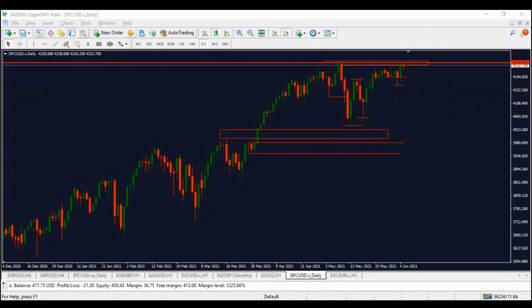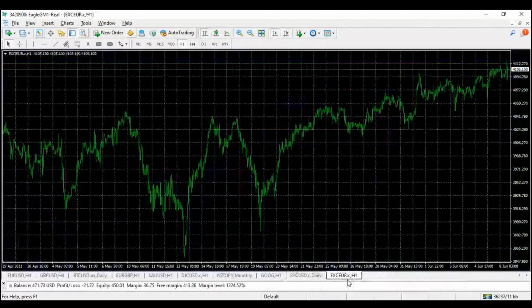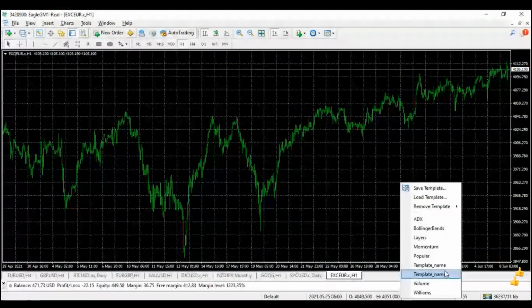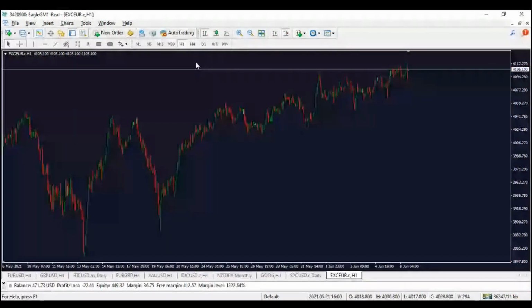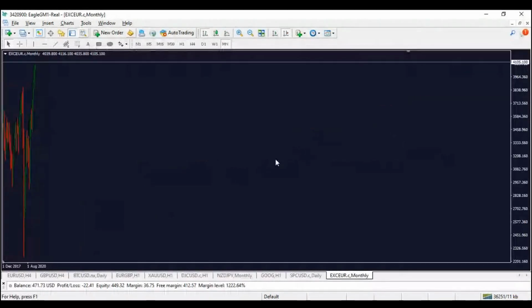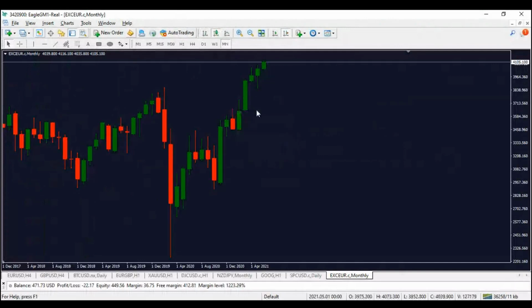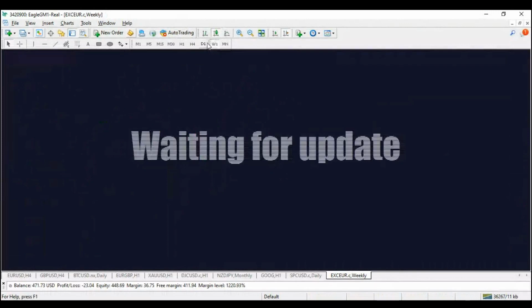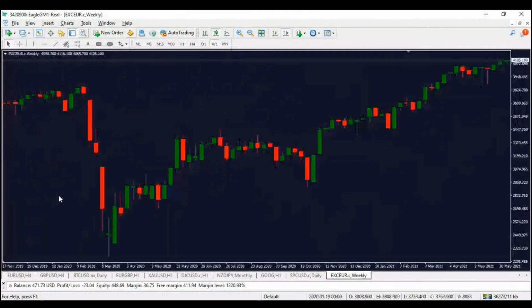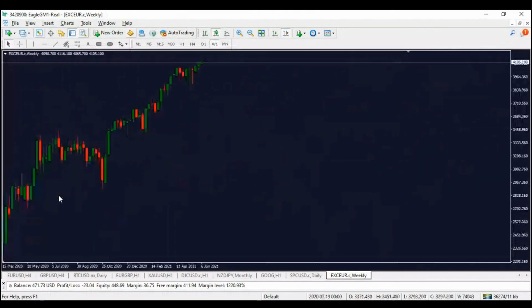So let's check Euro Stocks 50. We'll end up having the same bias also, like I said. Candlestick, monthly order block, inefficient piece of price action, previous high, same old thing.